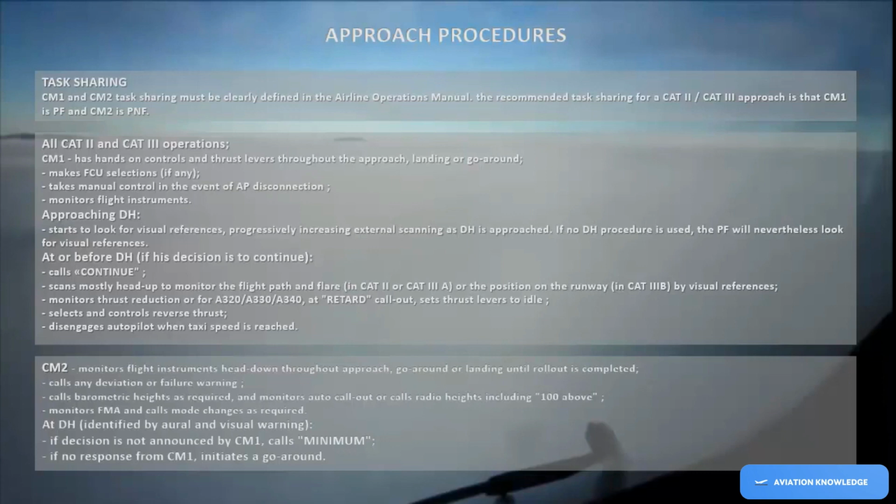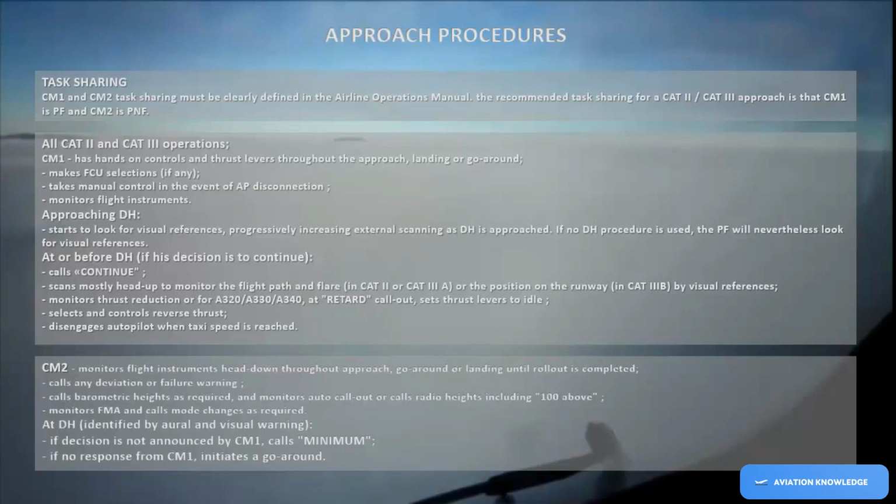Approaching decision height, CM1 starts to look for visual references, progressively increasing external scanning as decision height is approached. If no decision height procedure is used, the pilot flying will nevertheless look for visual references.